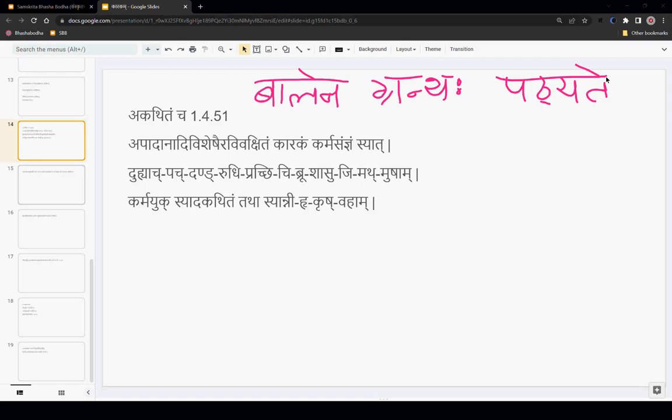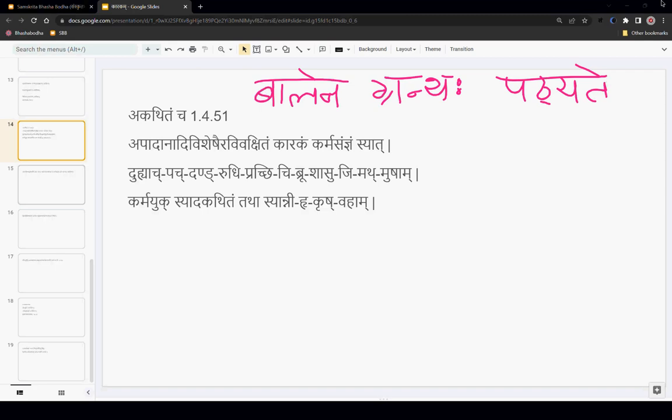So what is the rule here? What are we doing here? We are changing kartru padam to tritiya vibhakti and karma padam to prathama vibhakti. And obviously the kriya pada has to change to karmani.